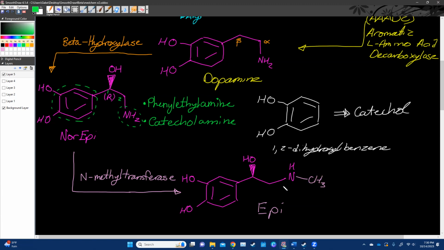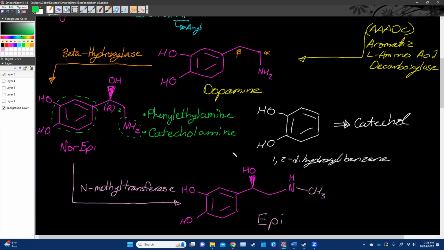So when we talk about catecholamines, all we're describing is neurotransmitters that have this catechol and amine backbone, which would be epi, norepi, and dopamine. The other thing I should have mentioned too is that dopamine does fall under the phenylethylamine backbone as well. It has the same phenylethylamine. So two different descriptors.